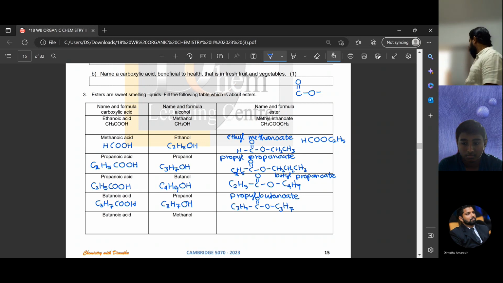Single bond oxygen side, as opposed to double bond oxygen, which is the carboxylic acid side. So then it's propyl alcohol, 3 carbon atoms. So that side you put C3H7. Then the other side you put the carboxylic group.